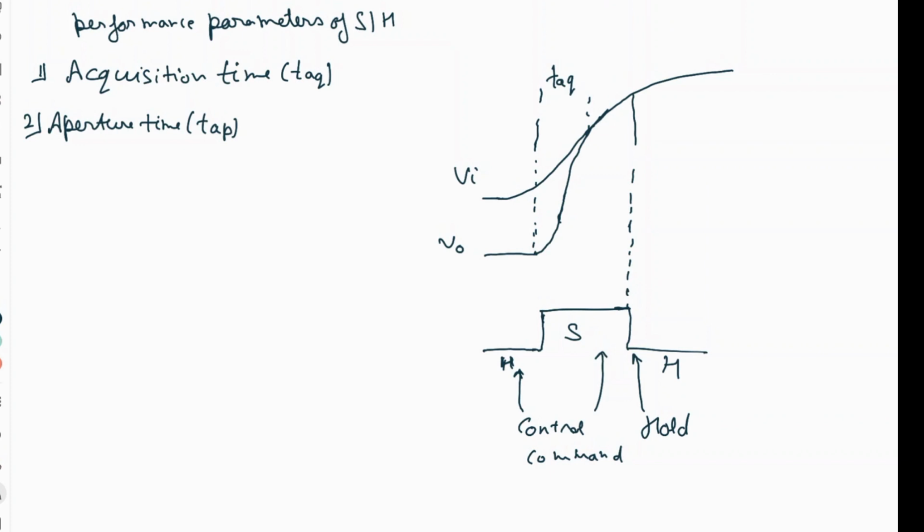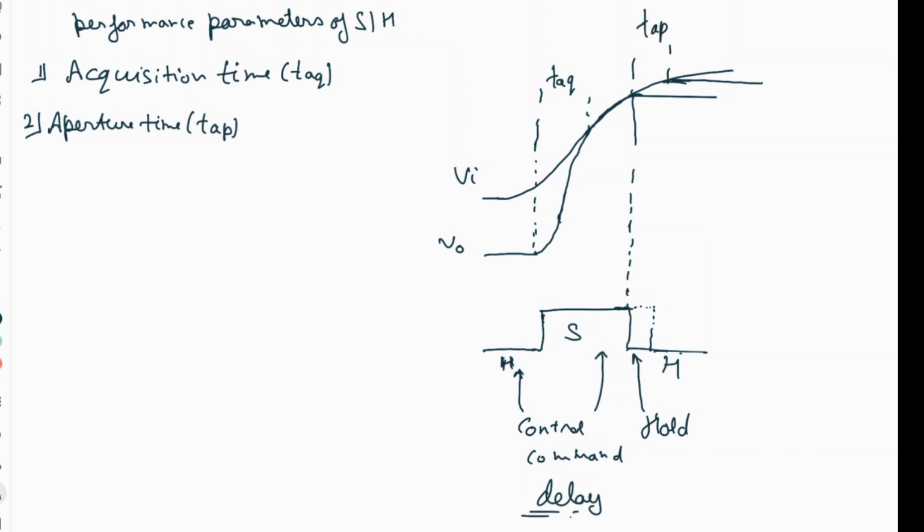This delay is called aperture time. By that time the output voltage still keeps on tracking the input voltage, and this time is usually because of the propagation delay, and it is denoted by TAP.